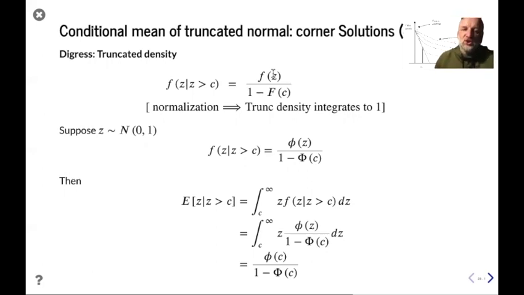If you just remove part of the distribution, the conditional density needs to integrate to 1, otherwise it's not a density.